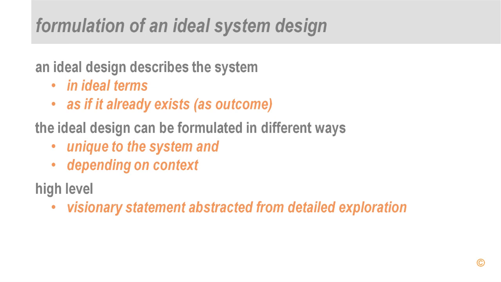For example, at the time of recording, Germany has announced its change in energy policy and there are widespread discussions in the country. There are various ways one could express the ideal design of what the new energy scene should look like.